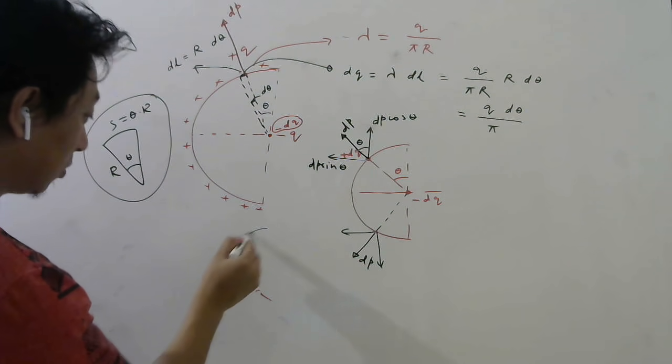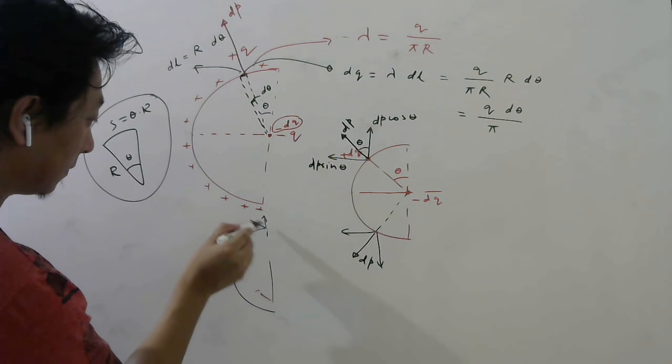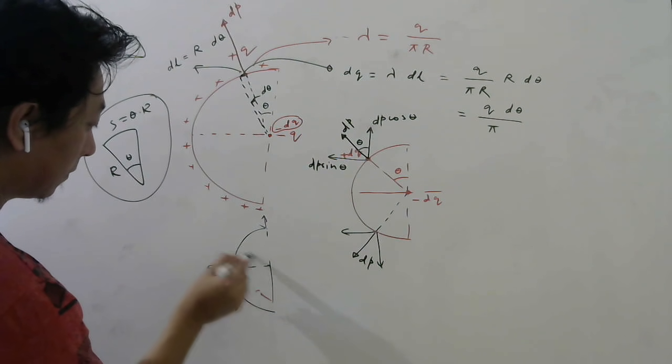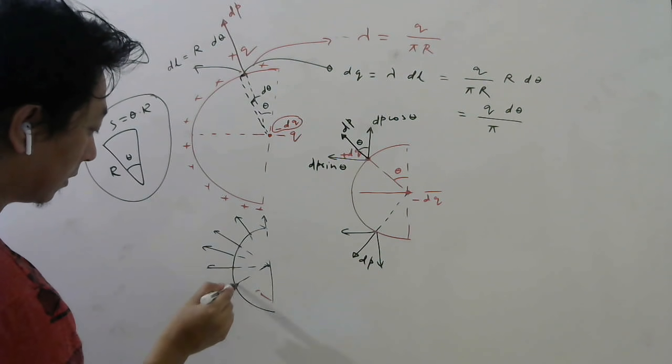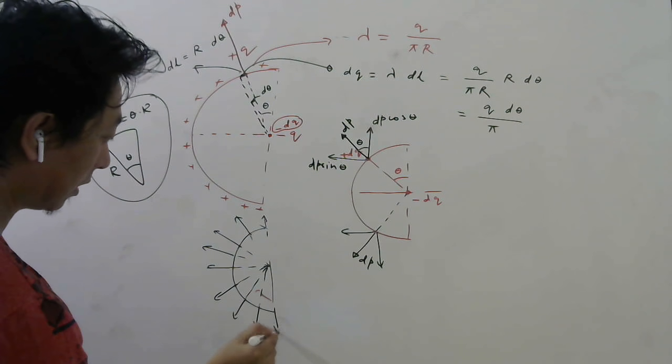Understanding or not? So for this whole semicircle, the dipole moment will be something like this. From the center it will go like that.